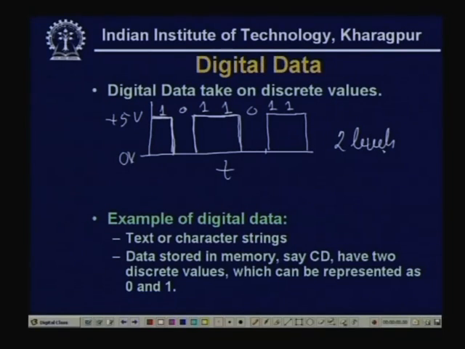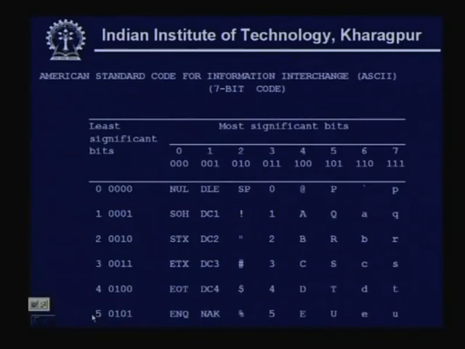An example of digital data is text or character strings. As we have mentioned, ASCII characters are of 8 bits. Here we see as an example some ASCII characters. American Standard Code for Information Interchange, ASCII codes, these are 7-bit codes. Some of the codes are given here. For example, 0 is 011 0000, then 1 is 011 0001, that is the ASCII code for 1.